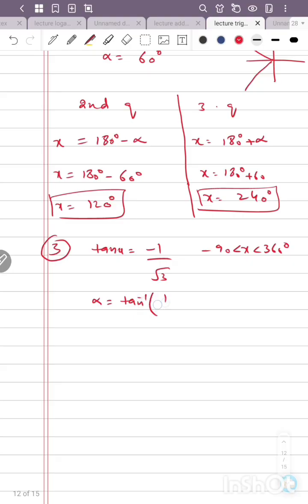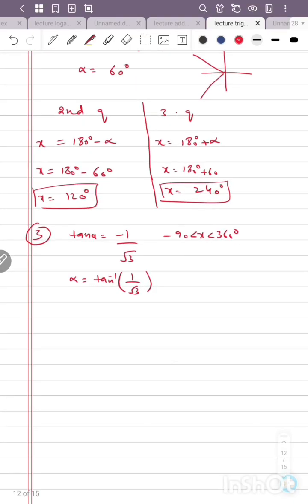Tan inverse 1 by square root 3, we got the answer 30 degrees. Now we know tan is negative in which quadrant? Since all positive, sin, tan, cos, tan is negative in the second quadrant and fourth quadrant.